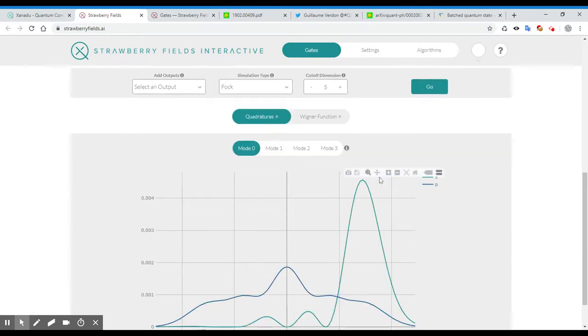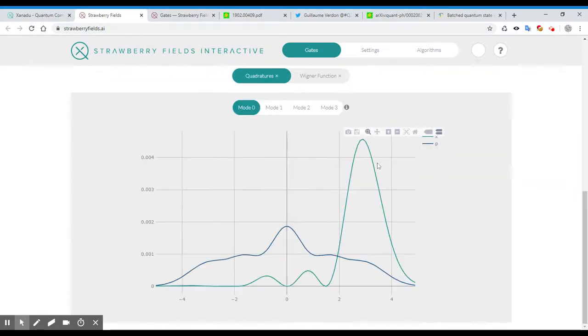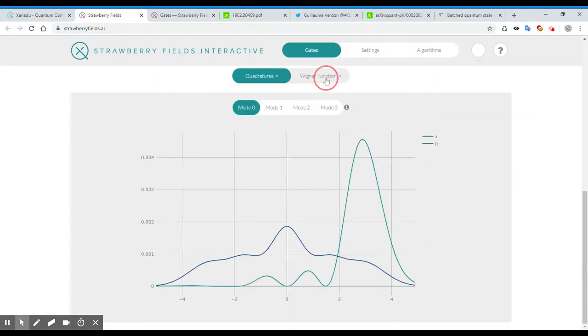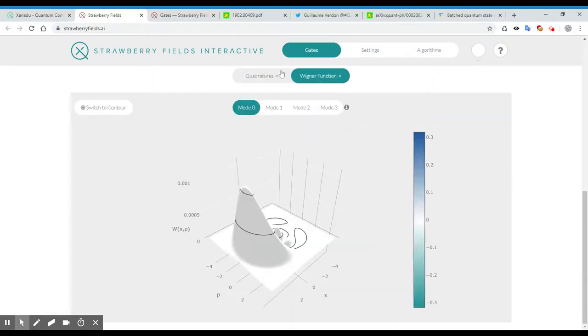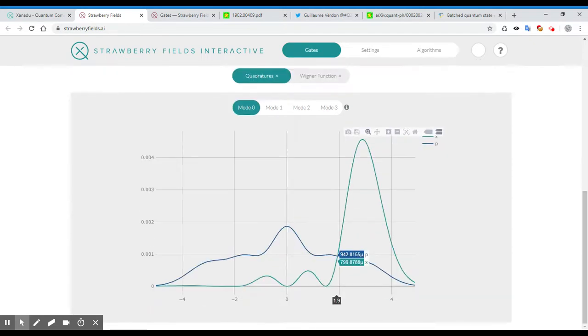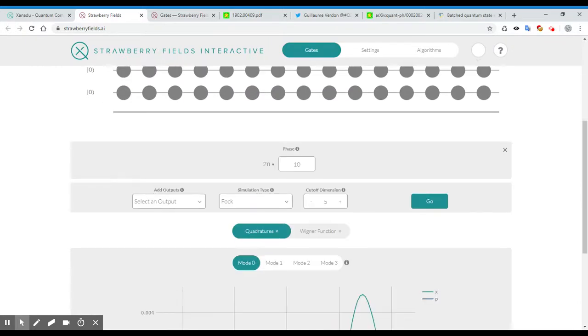So nothing happened. If I add 2, nothing happens. If I add like 10, nothing happens. Interesting.